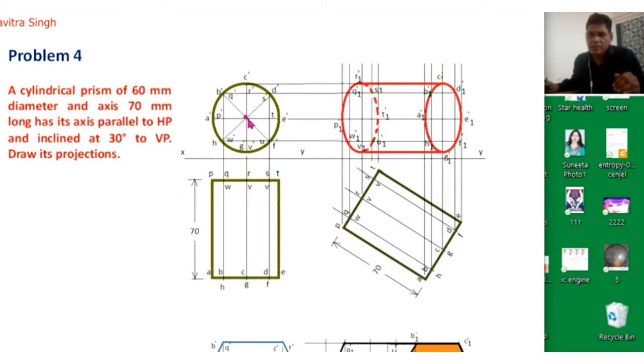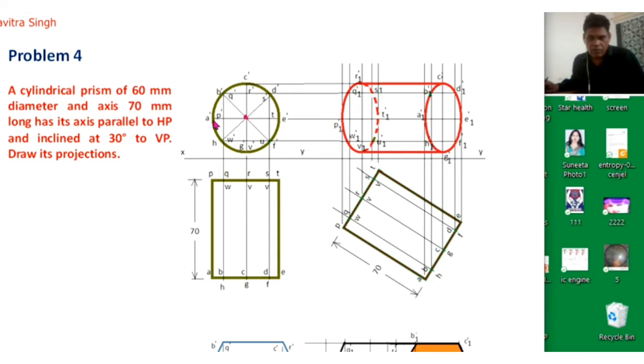So we have taken one center point, and we will draw this circle of diameter 60 mm. Now we will locate 8 points on this circle.